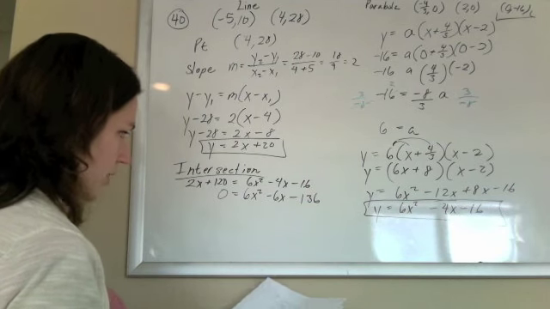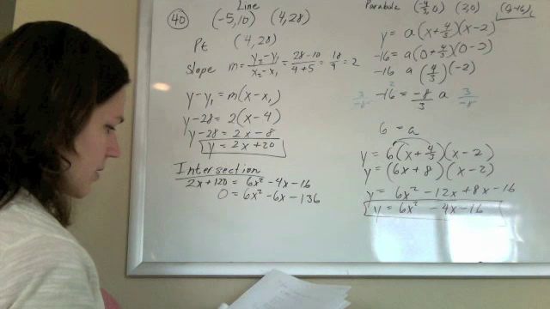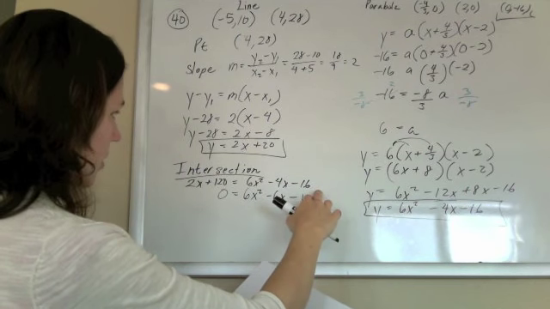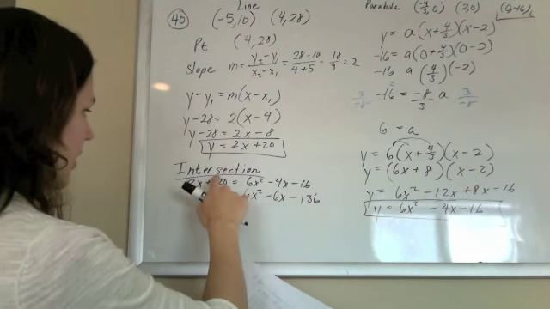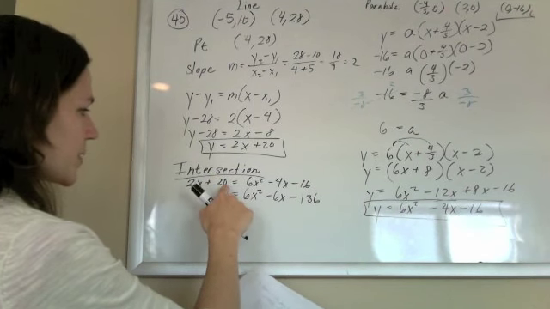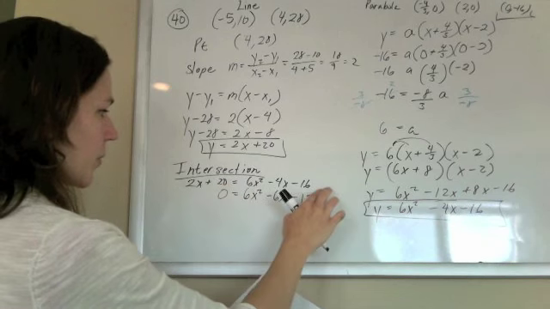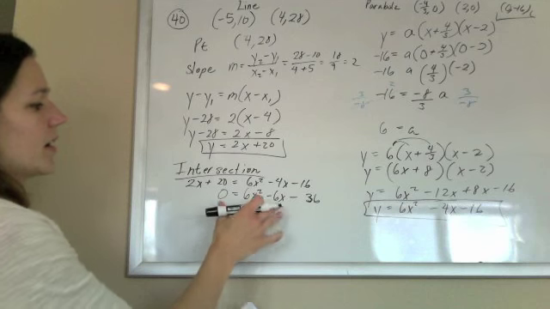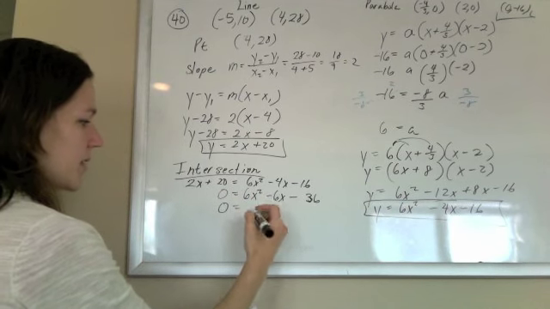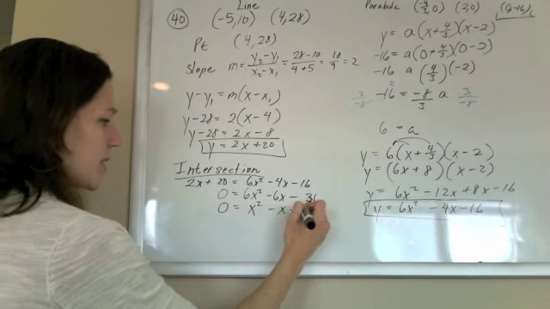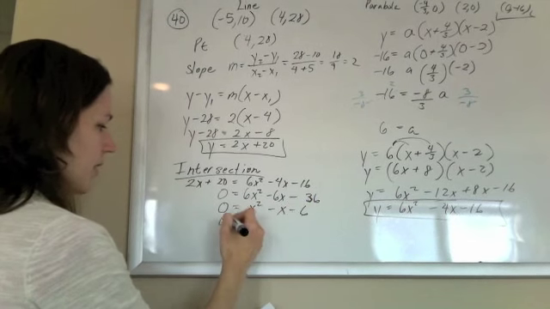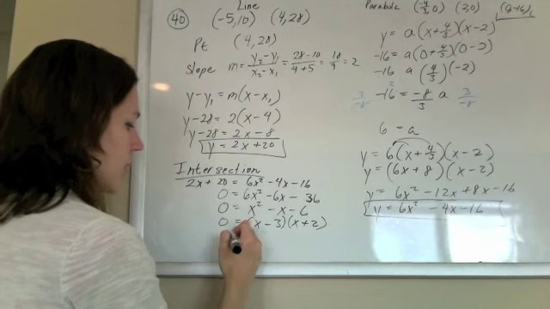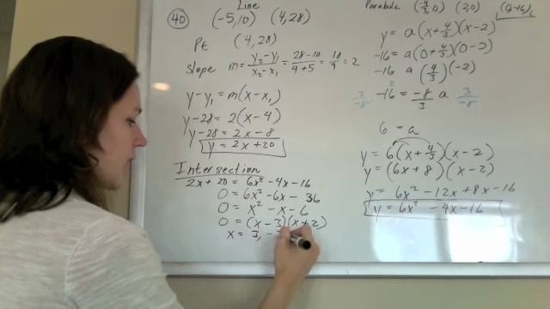So 6x squared minus 6x, oops, what did I do here? Oh, 2x plus 20, not 120. So 2x plus 20, and when I subtract the 20, I just get minus 36. There we go. Keep solving that. Divide everybody by 6. You get x squared minus x minus 6, and this factors x minus 3, x plus 2, which means that x is 3 and x is negative 2.